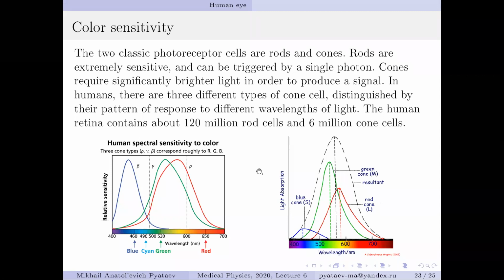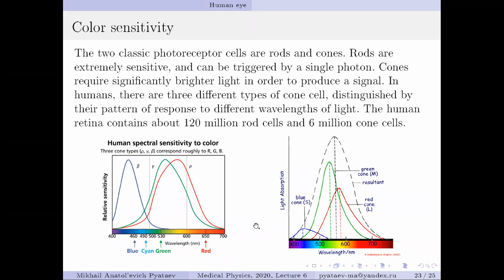So one way is to combine all the colors of the rainbow into one point, and it will be seen as a white point. Another way is to get some mix of red, green, and blue, which is interpreted as white light by our eye. So these are the basic principles of color vision.